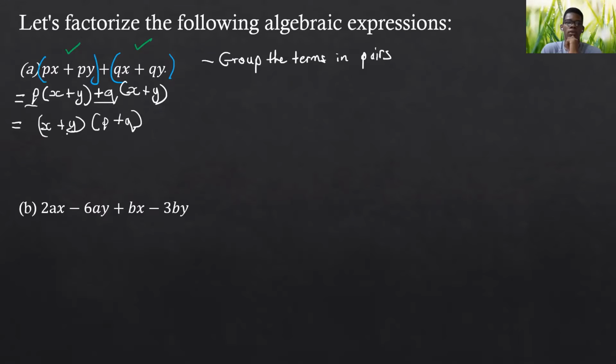The common factor in both, you write that back, and then you put in brackets the terms outside, which is p and the plus q, right? So p plus q. Please make sure you take the sign of this highest common factor. It's plus q, so that plus comes between the p and the q, right? Don't just put p, q, right?